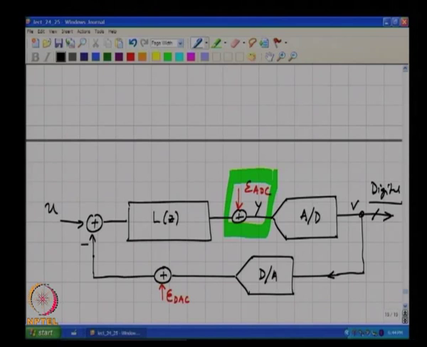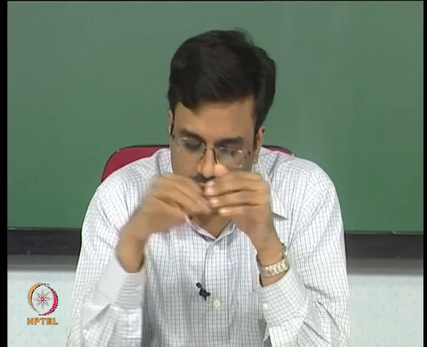Therefore, the transfer function from EADC to the output is the same as the transfer function from the quantization noise to the output, which is the same as the noise transfer function of the loop, right. Therefore, these errors in the thresholds of the A to D converter will get shaped out of the loop bandwidth, or rather out of the signal band, just like quantization noise, right.